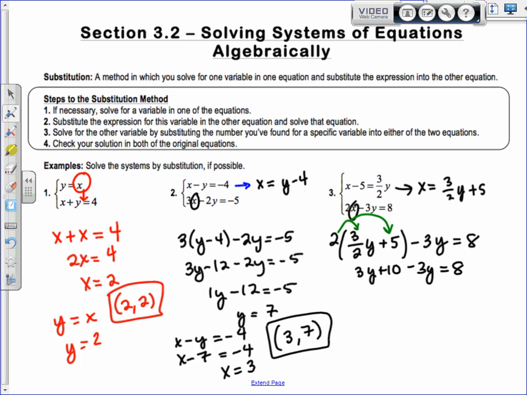So 3y minus 3y is 0, so 10 equals 8. What do I write? No solution, right? So if that happens, it's no solution. But if you had gotten like 8 equals 8, or 10 equals 10, or 0 equals 0, that's a true statement. So if you get like 0 equals 0, we write infinitely many solutions, because that's an example where they would be the same line.